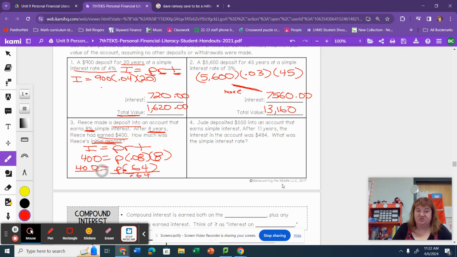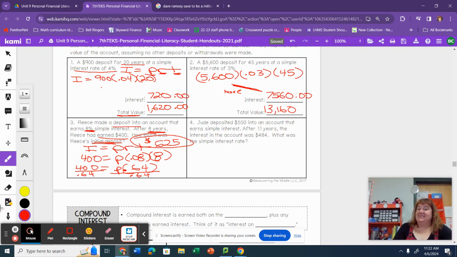Just solving an equation. So 400 divided by 0.64. Her initial deposit would have been $625. That's her initial deposit. That was a tricky one.